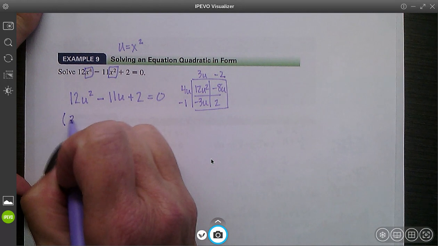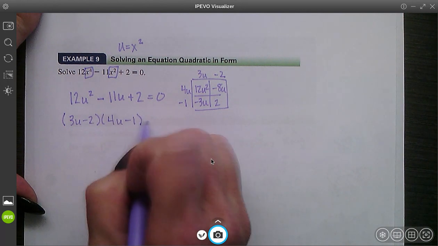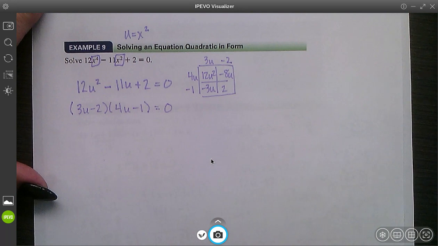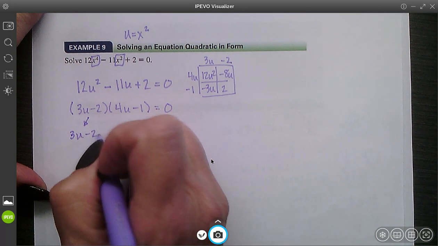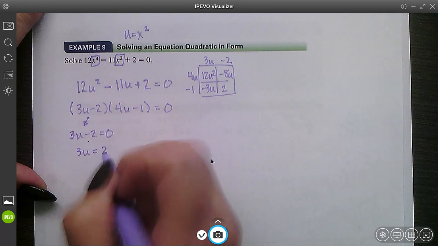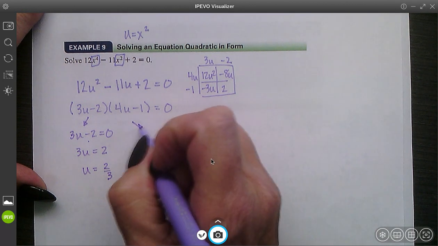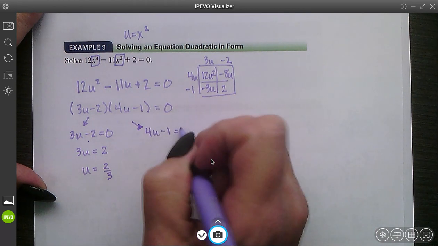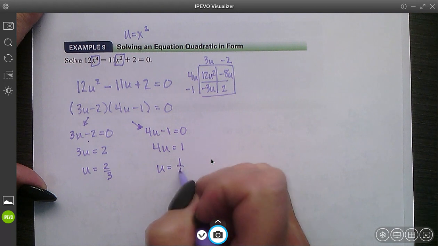So this factors to 3u minus 2 times 4u minus 1 equals 0. Set each of those equal to 0 to solve for u. So 3u would be 2, so u would be 2/3. 4u minus 1 equals 0, so 4u would be 1. u would be 1/4.